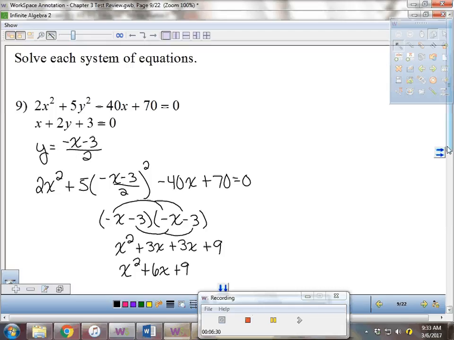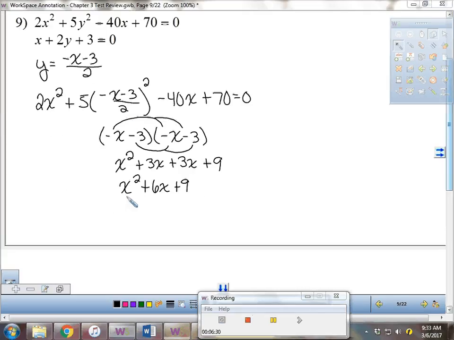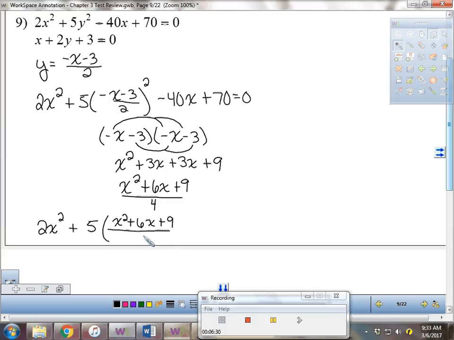And then if you square that 2 on the bottom, 2 squared is 4. So now what we have is 2x squared plus 5 times (x squared plus 6x plus 9) over 4 minus 40x plus 70 equals 0.